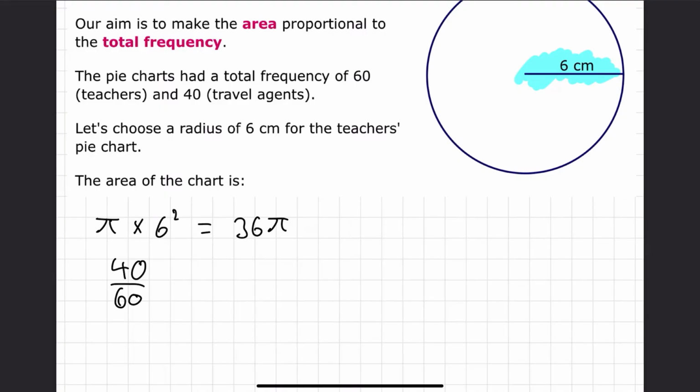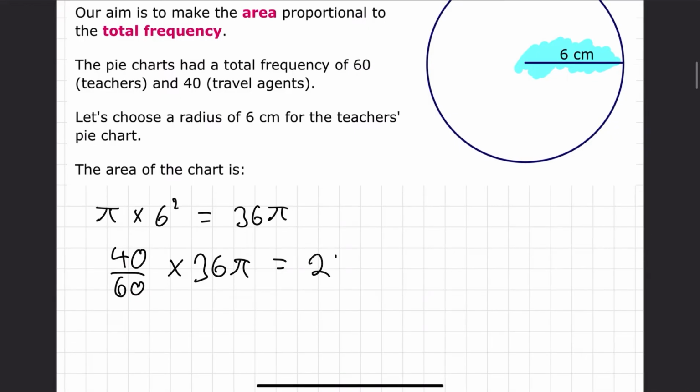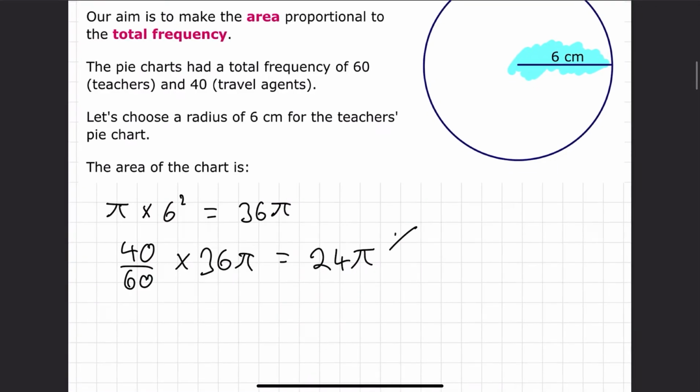That is the proportion, so we can find the area by scaling using that scale factor: 40 out of 60, which is 2/3, times 36 pi, gives an area of 24 pi for the travel agents.